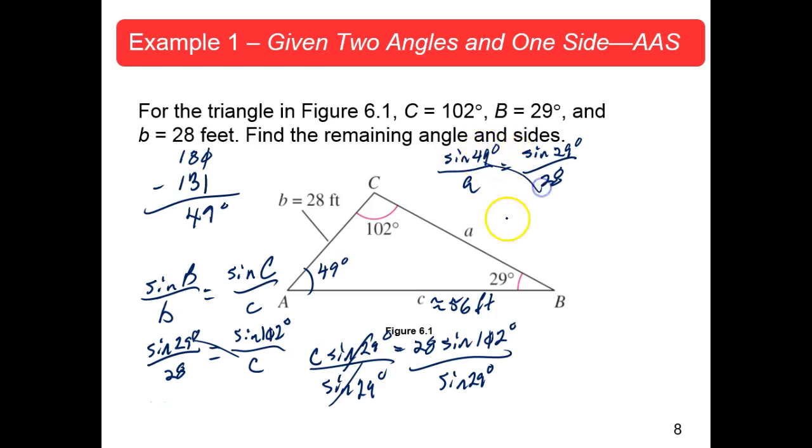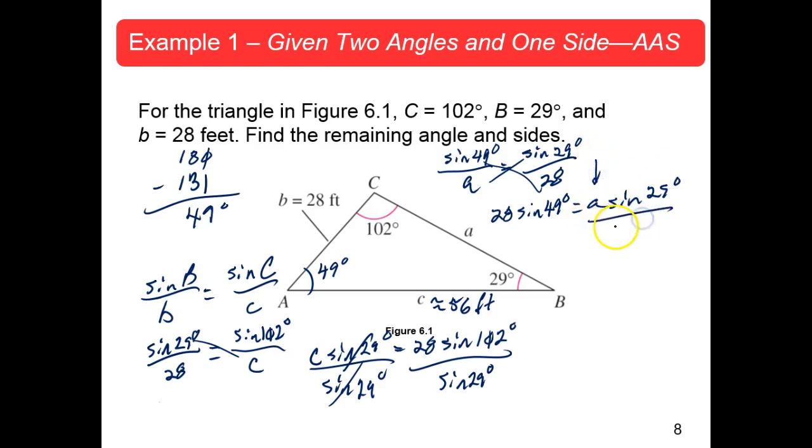Okay, you want to start there. 28 times the sine of 49 degrees is equal to A times the sine of 29 degrees. What are we wanting to solve for?